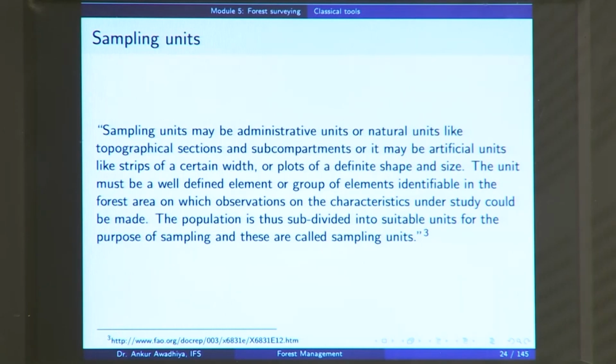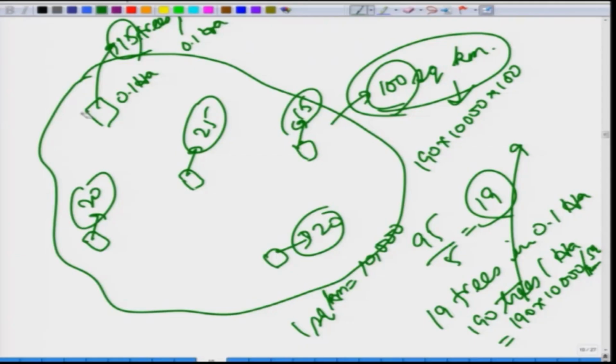The unit must be a well defined element or group of elements identifiable in the forest area on which observations on the characteristics under study could be made, and the population is thus subdivided into suitable units for the purpose of sampling, and these are known as sampling units. So, what we are seeing here is that we are taking different sampling units.